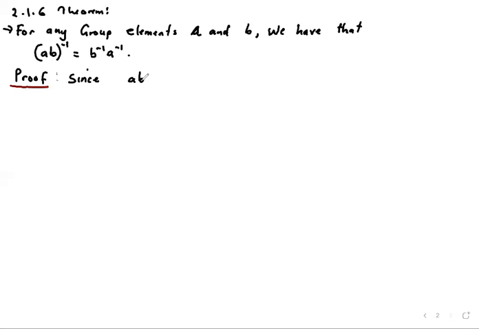We multiply AB by B inverse A inverse. But we know that this should be exactly the same as what? If you multiply AB by B inverse A inverse, by associativity you can open these brackets. So it will be A B B inverse A inverse.